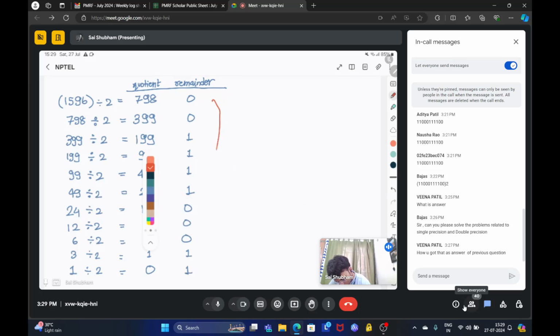So this is your answer actually, but it is in the reverse order. This is your LSB, least significant bit. This is your most significant bit. Okay, so the answer is like this.